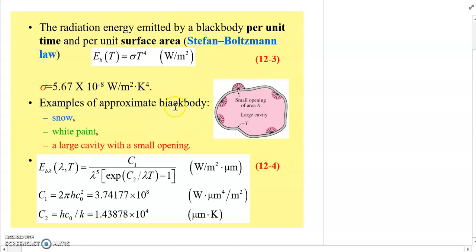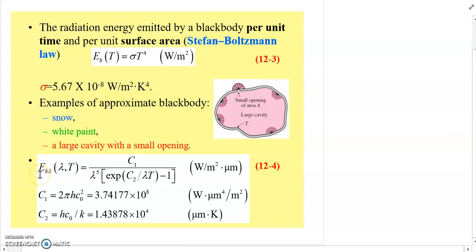Black here does not refer to color, so a black body does not necessarily have to be black in color. Other examples include snow, white paint, and also a large cavity with a small opening. Here they give you the image of a large cavity with a small opening of area A. This is also one example of an approximate black body.